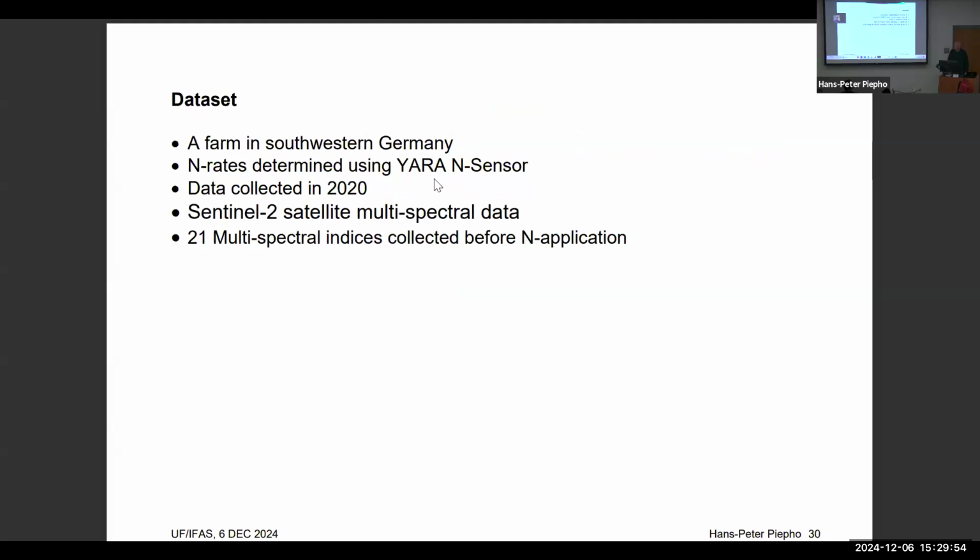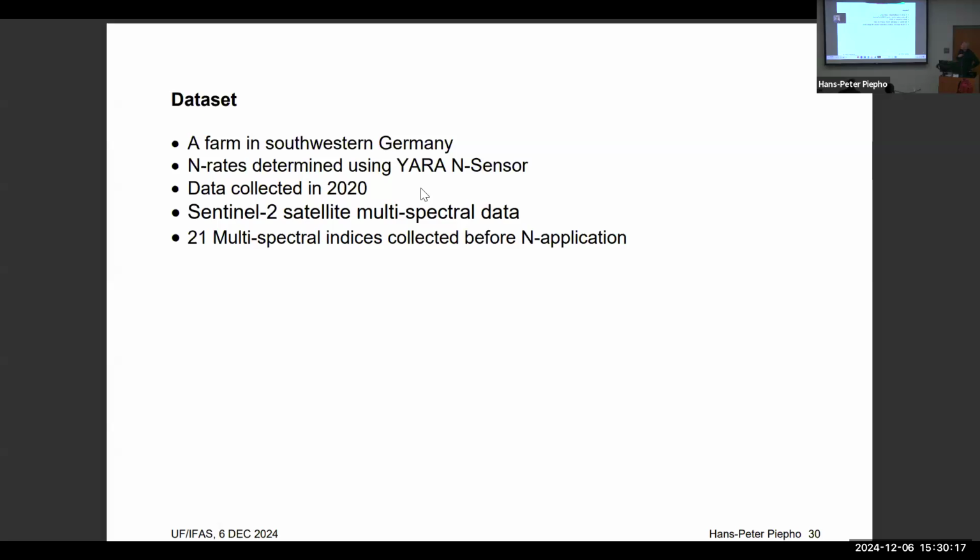The data that he worked with come from a farm in southwestern Germany, so farm operations, large fields. The farmer determined the N rates using a Yara N sensor. The data were collected in 2020.